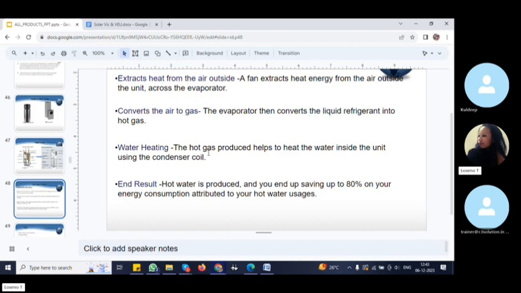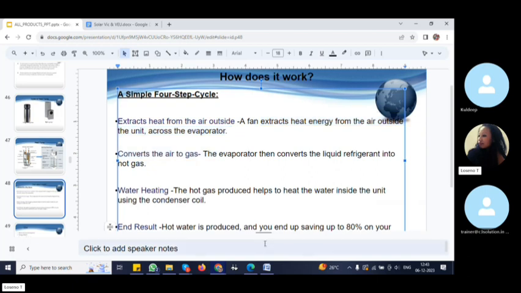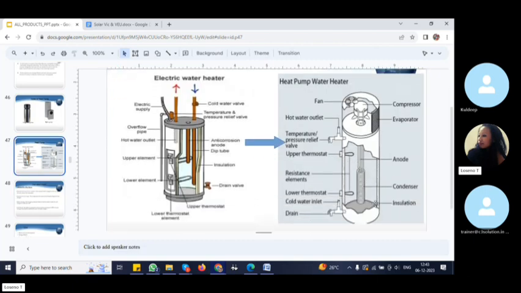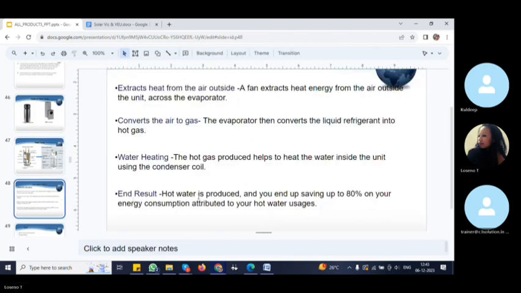The hot gas produced with the help of the evaporator will heat the water inside the unit using the condenser coil. This is the condenser coil here. The end result is hot water is produced, and you end up saving up to 80% on your energy consumption attributed to your hot water usage.